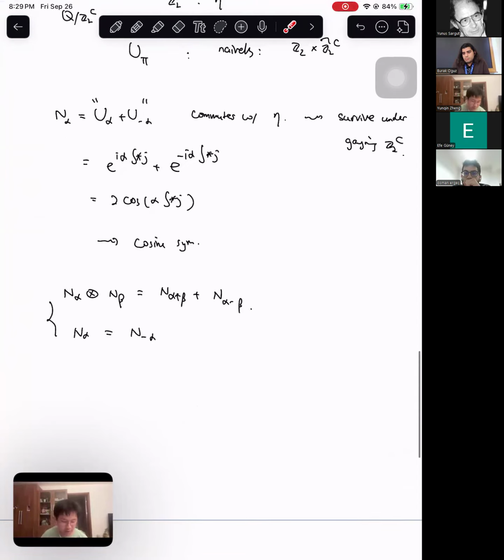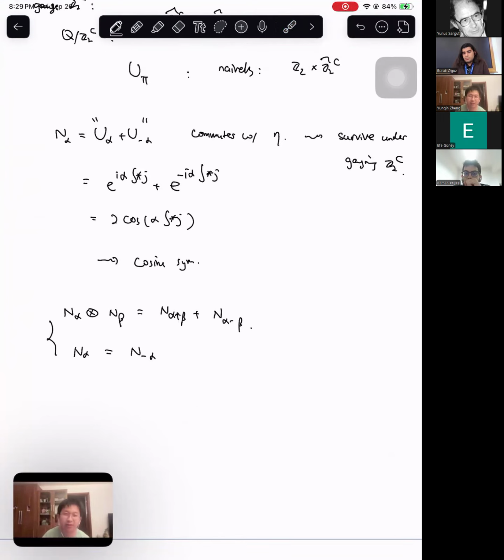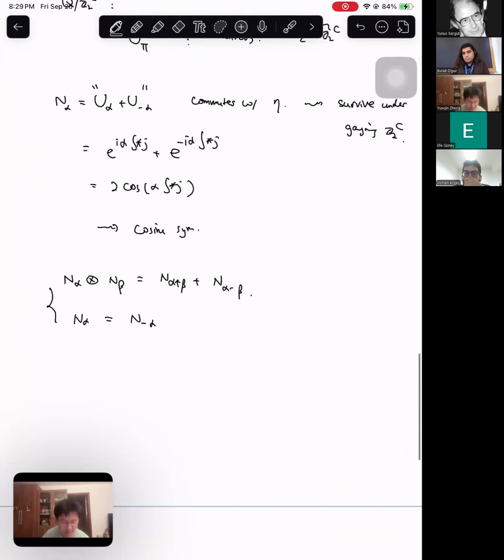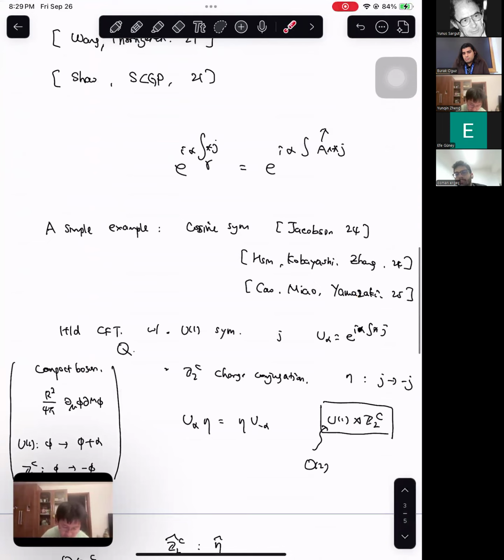How should we construct the operator that is gauge invariant under the charge conjugation gauge transformation? That's what these papers are addressing.